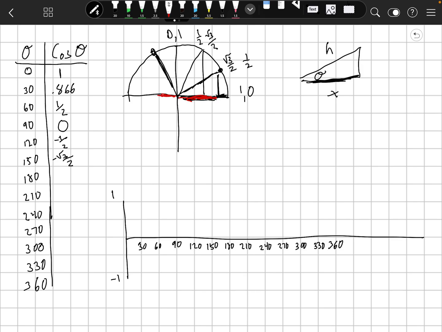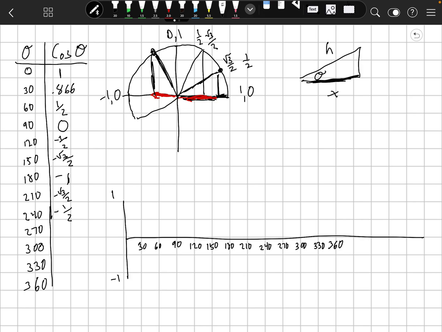Negative because we're going negative to the right, and that's what we're measuring, that red there. Okay, so -1/2, negative square root 3 over 2, and then negative 1 here. This is -1, 0. And then we go back down to negative square root 3 over 2, and then -1/2 again.